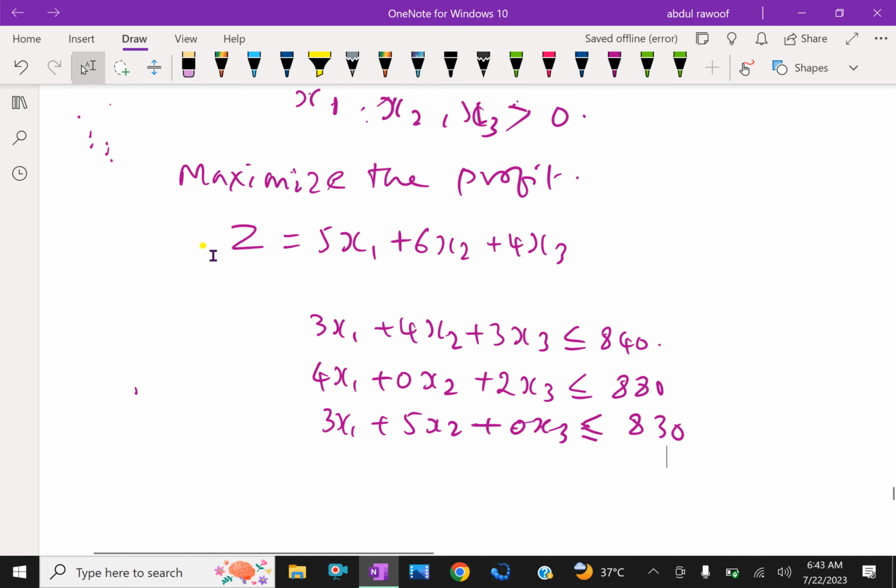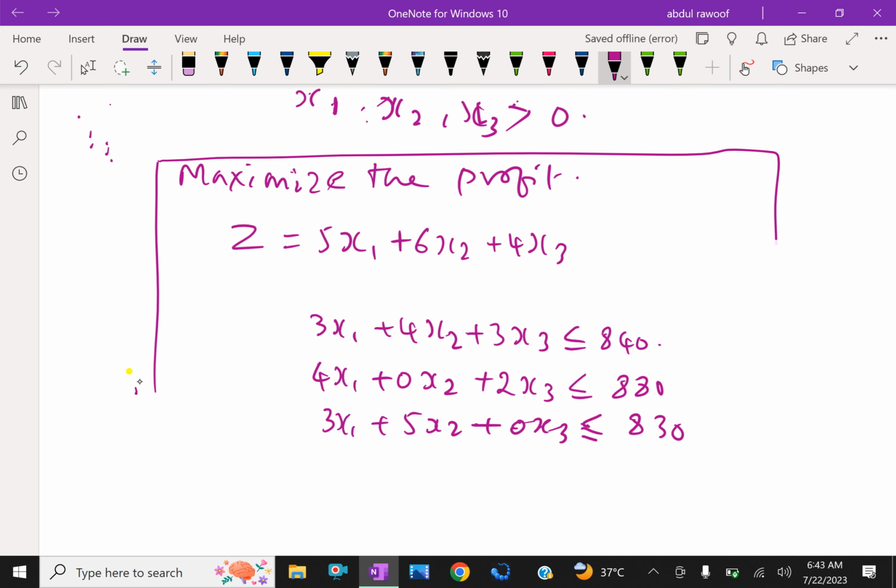The profit equation to maximize is Z equals 5x1 plus 6x2 plus 4x3, and the constraint equations are these. So our situation is done in terms of equations.